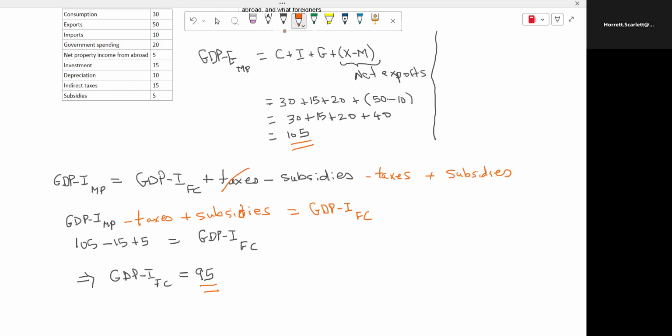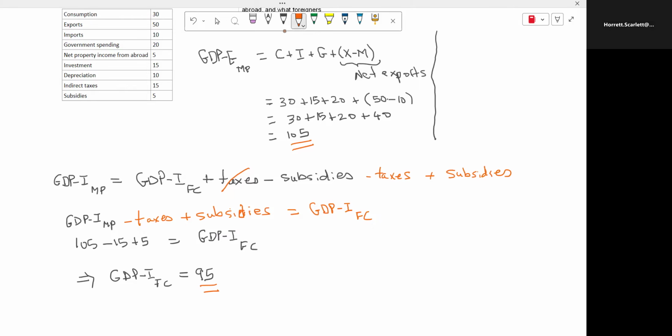So in the top one, the market price, the values that we got were telling us what the consumer would have paid. And this means that the whole taxes and subsidies would have been embedded in that. So in order to go back to factor cost, what we need to do is to make the adjustments in terms of the taxes and the subsidies.